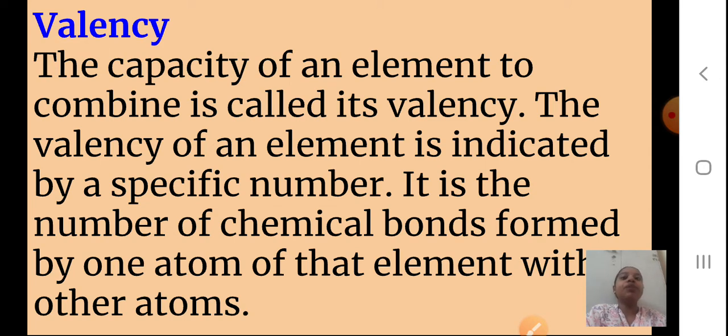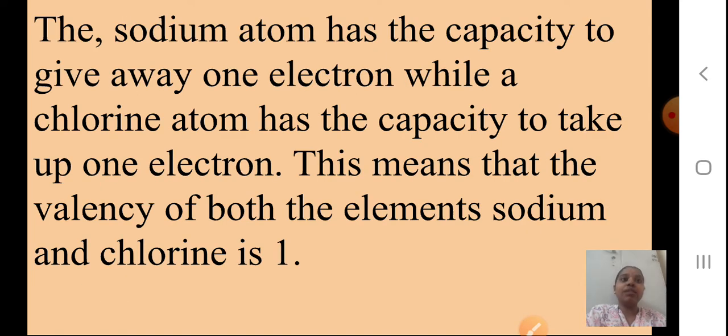So how many bonds are formed by the atoms of different elements with each other, that is your valency. Now see, the sodium atom has the capacity to give away 1 electron, while the chlorine atom has the capacity to take up 1 electron. This means that the valency of both elements, sodium and chlorine, is 1.